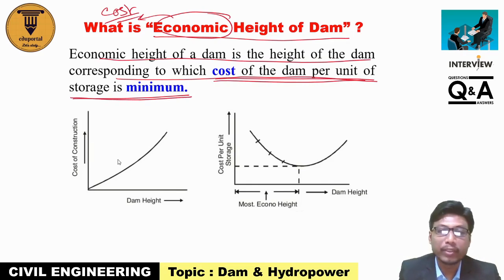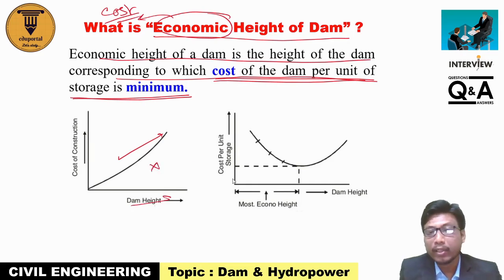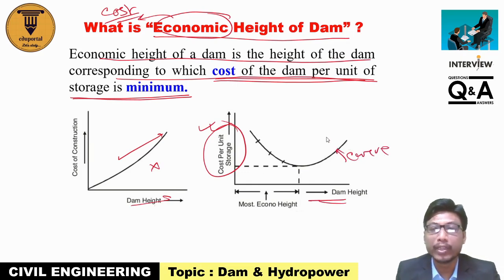So this is cost of construction of the dam per unit storage, versus dam height. Here you can see this curve. It is the point where the cost of construction is minimum.